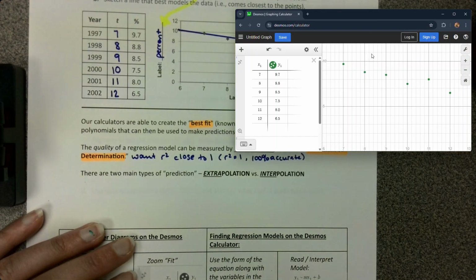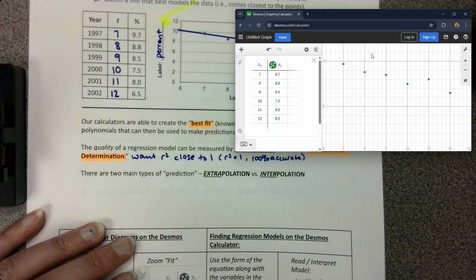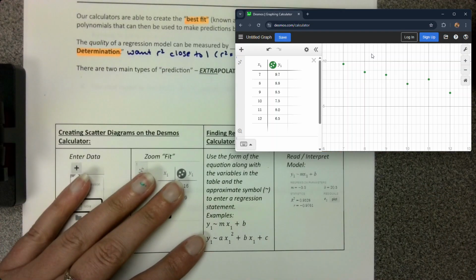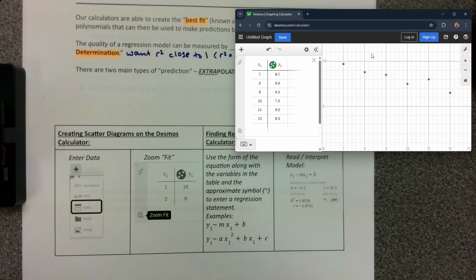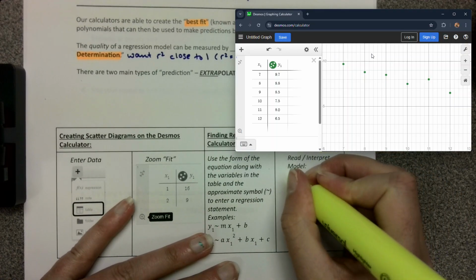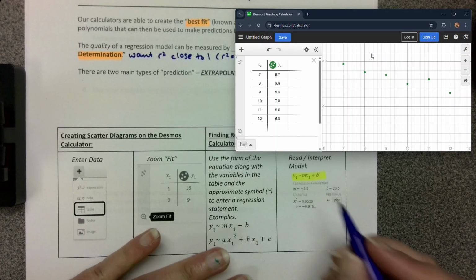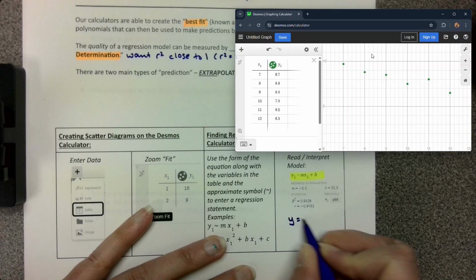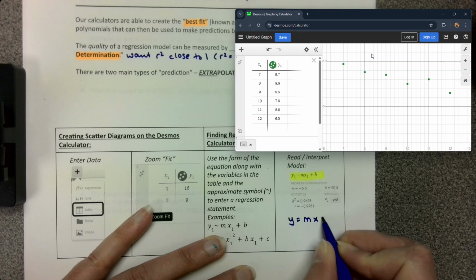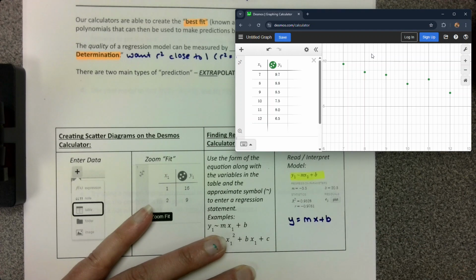All right, there are a couple of ways to do the regression. One of the ways is to enter the regression statement. y1 is approximately mx1 plus b. That just comes from the fact that a linear model is y equals mx plus b, that's slope-intercept form.